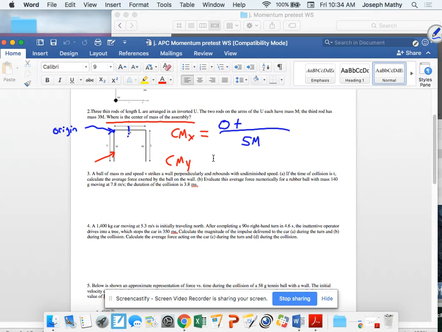Well, its mass is 3M. And then its length will be half L. And then what about this other guy right here? Well, its center of mass, as far as where that is on the grid, is going to be a full length away.